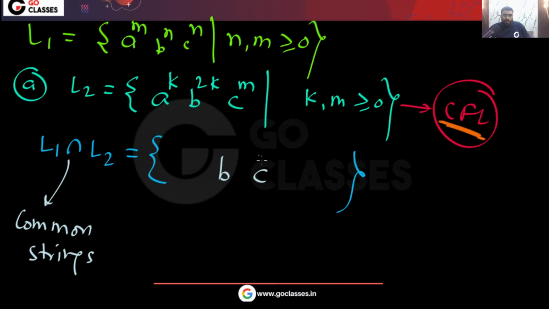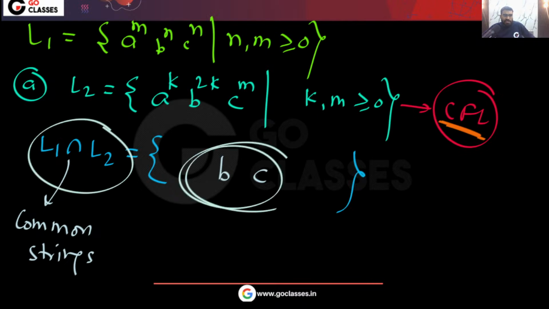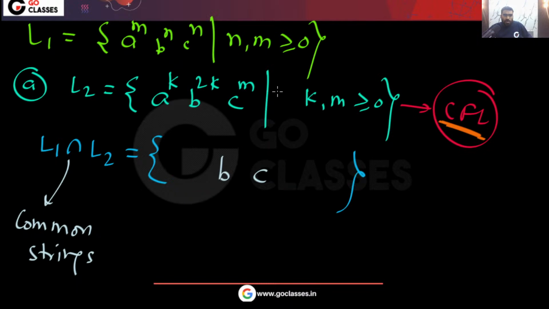Now, if this string belongs to L1 intersection L2, then this string also belongs to L2. In L2, remember, number of B is double of number of A. So you can see, very simple point, this type of strings you have in L1 intersection L2, where you have a power P, b power 2P and c power 2P, where P is greater than equal to 0.